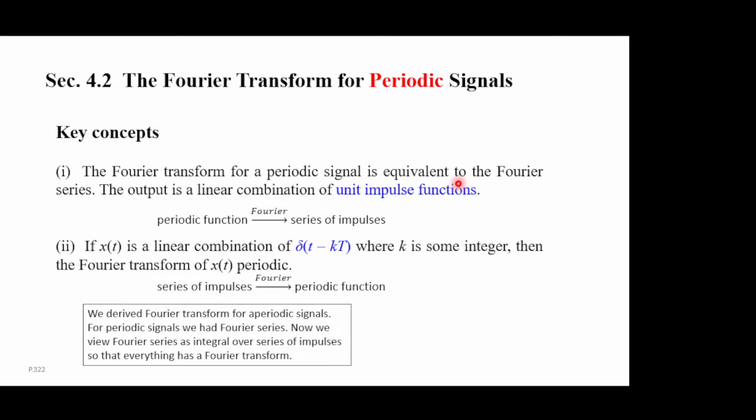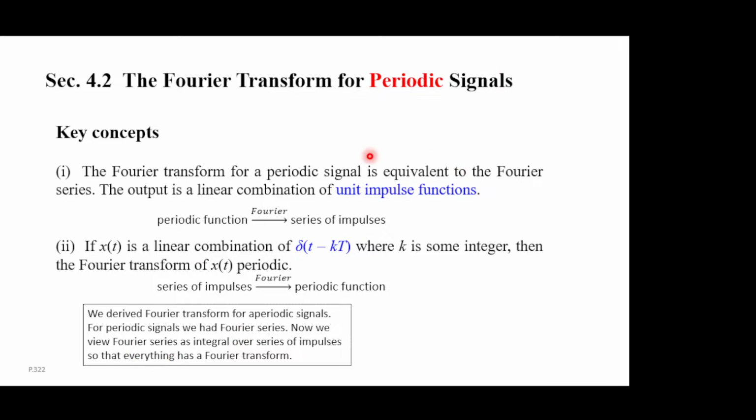The intuition, very quickly, is that if you have a whole bunch of delta functions and you integrate over them, you get discrete values at the points of the delta functions. So when you integrate over those delta functions, you are basically summing over your Fourier series.